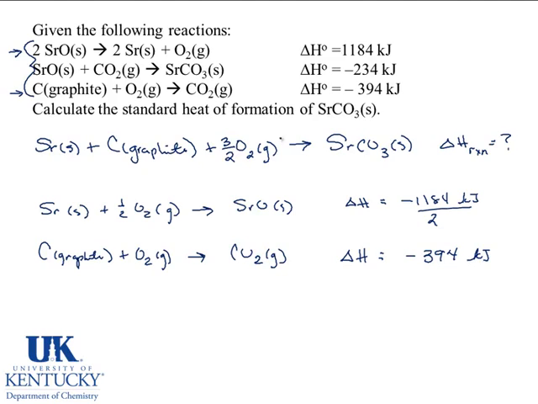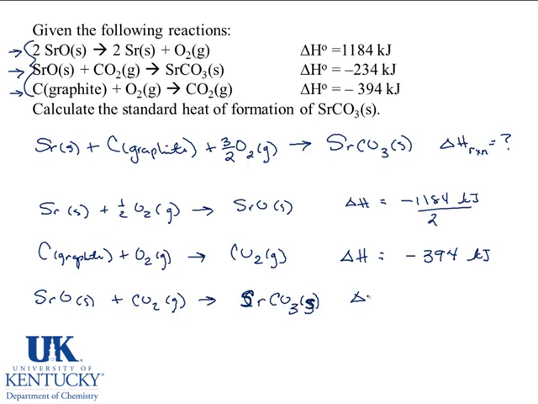Now let's make sure we get the SrCO3 in place. Okay, so we look up here, and SrCO3 comes from this second equation. It has 1 mole on the right-hand side, so we're going to use it just as we see it. SrO solid plus CO2 gas producing SrCO3, and that's not a gas, it's a solid.